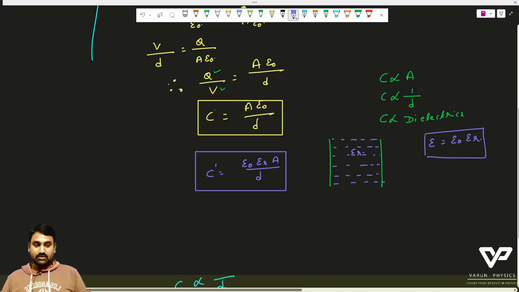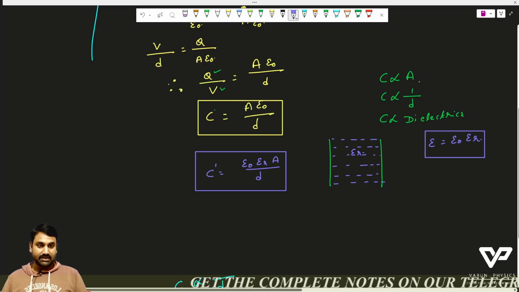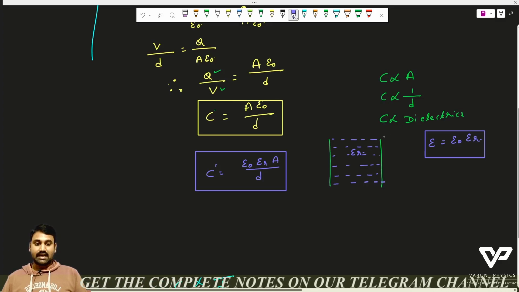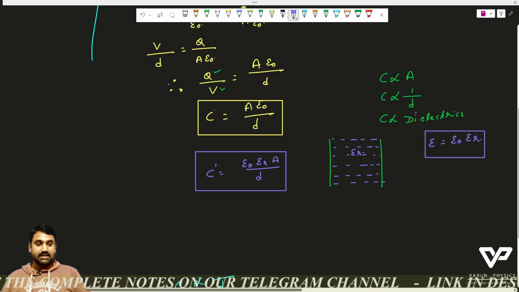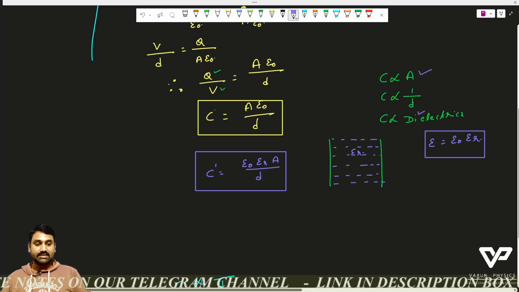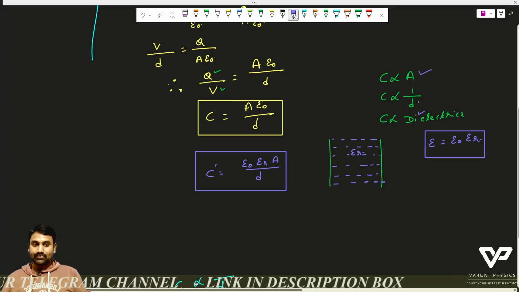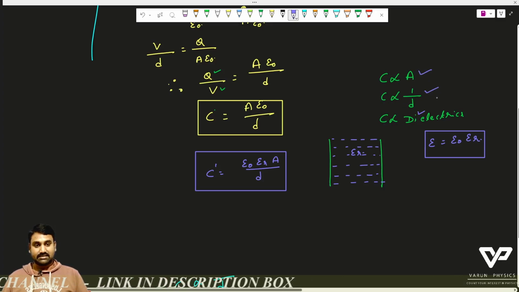So the capacitance of the capacitor basically depends on the area of the plates, the distance between the plates, and the dielectric medium between the plates. If the dielectric constant and the area of the plates are more, the capacitance is more. If the distance is less, the capacitance will be more.